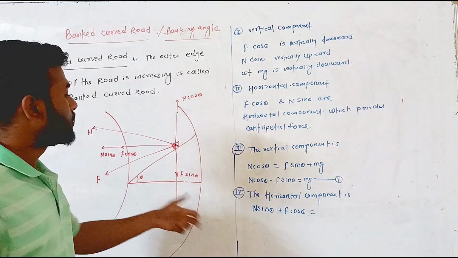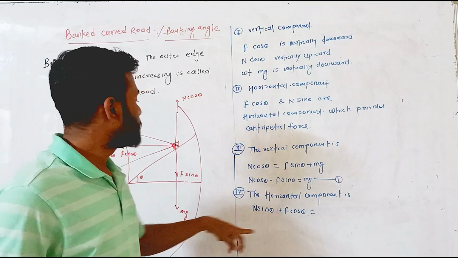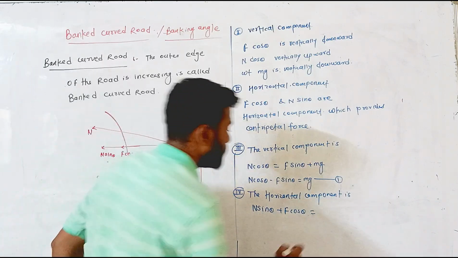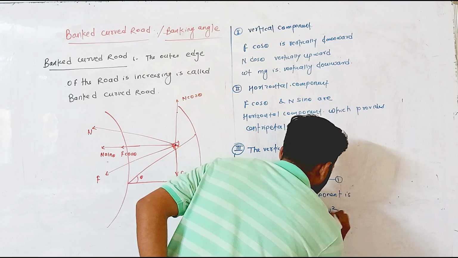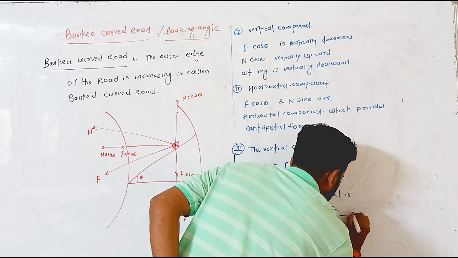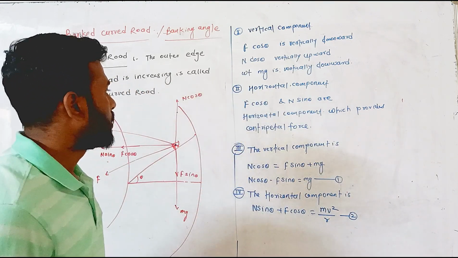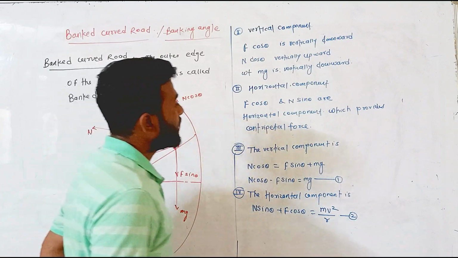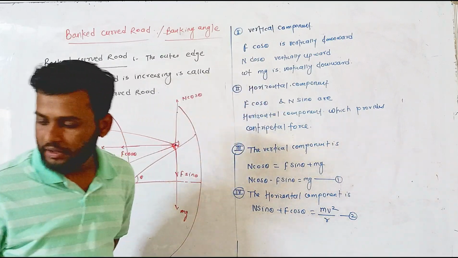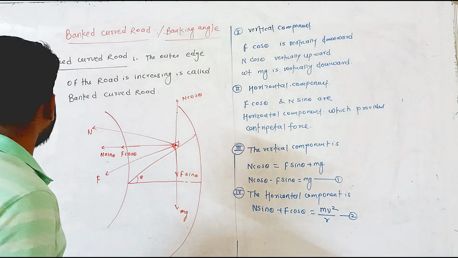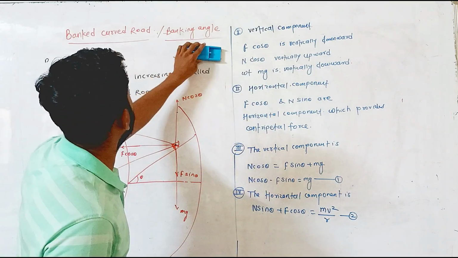I already told you that N sin theta plus F cos theta provides centripetal force, mv square upon r. This is equation number 2.